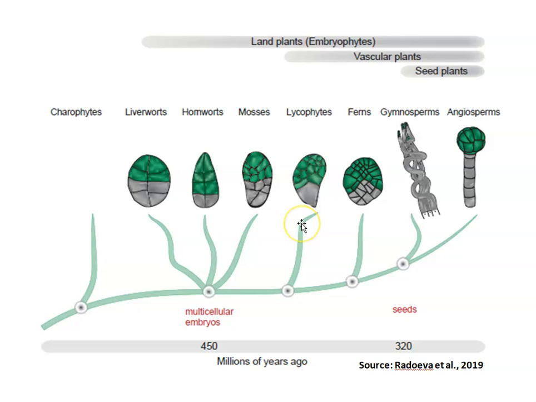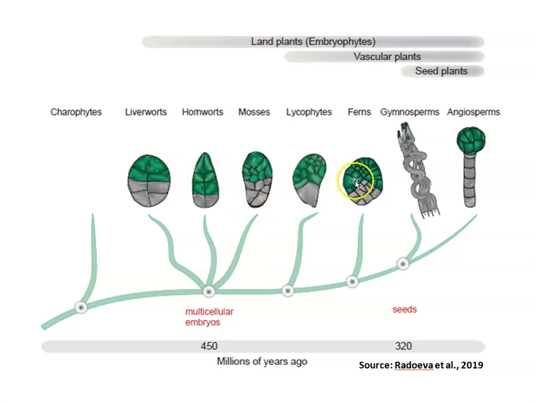You can see in this image young embryos from different plant groups. This is algae, charophytes, no embryo is there. In the case of bryophytes, here liverworts, hornworts, mosses, these are the embryos.